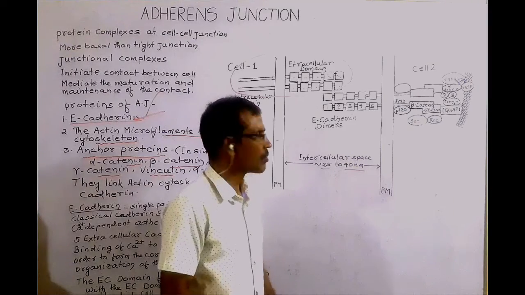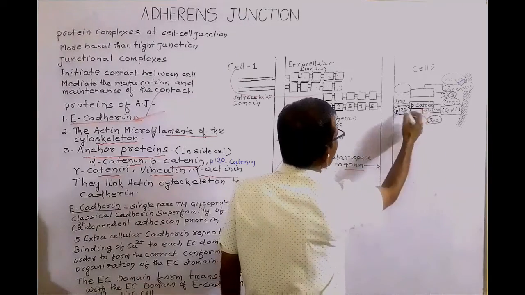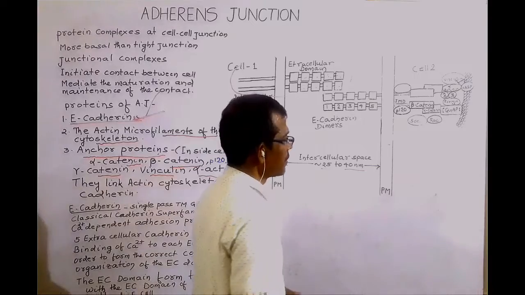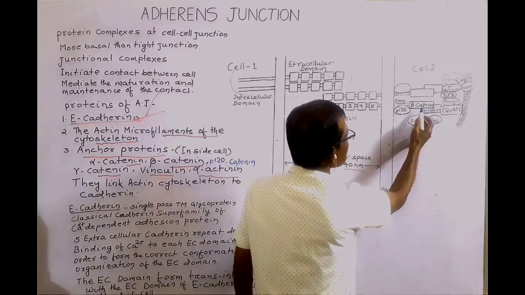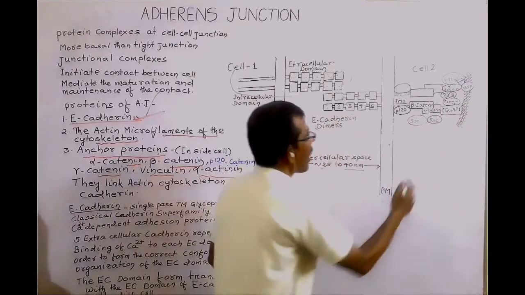So, in the adherens junction, E-cadherin binds with different types of catenins to form the cadherin-catenin complex, and the cadherin-catenin complex is linked with alpha-actinin and vinculin.